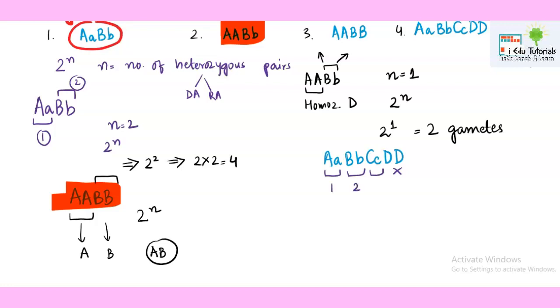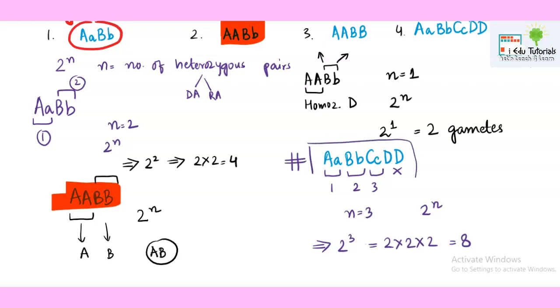So how many heterozygous pairs are there? 3. We know the formula is 2 to the power n. If you put n as 3, it becomes 2 to the power 3, which is 2 into 2 into 2. That will give you the value of 8. That means in the given genotype the possible gametes are 8 in number.